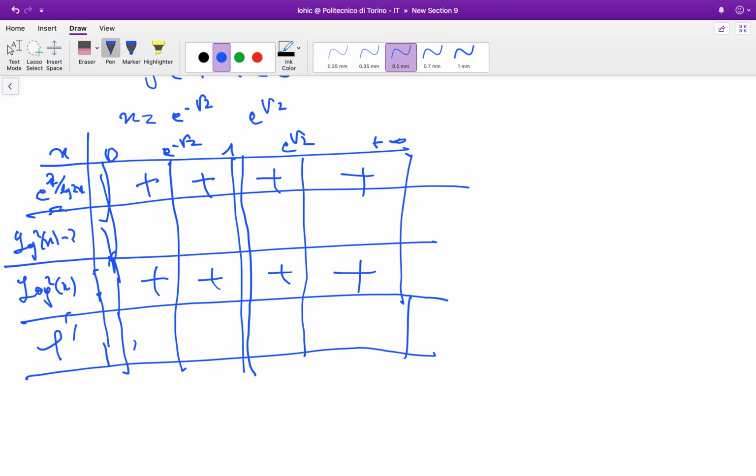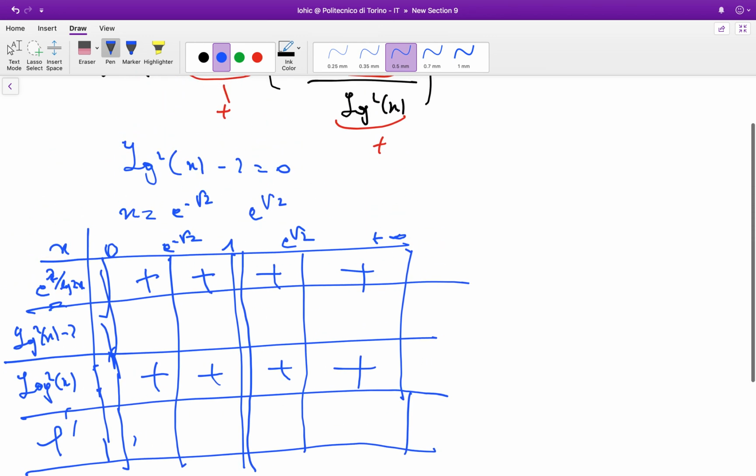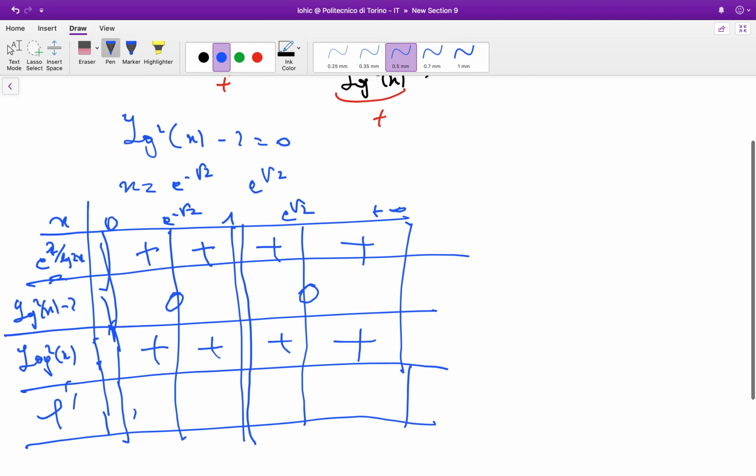Any doubt? Now to know about this one, I know that here it is 0 and here it is 0. I want log square of x minus 2, right? So which number can I take in this interval to test?